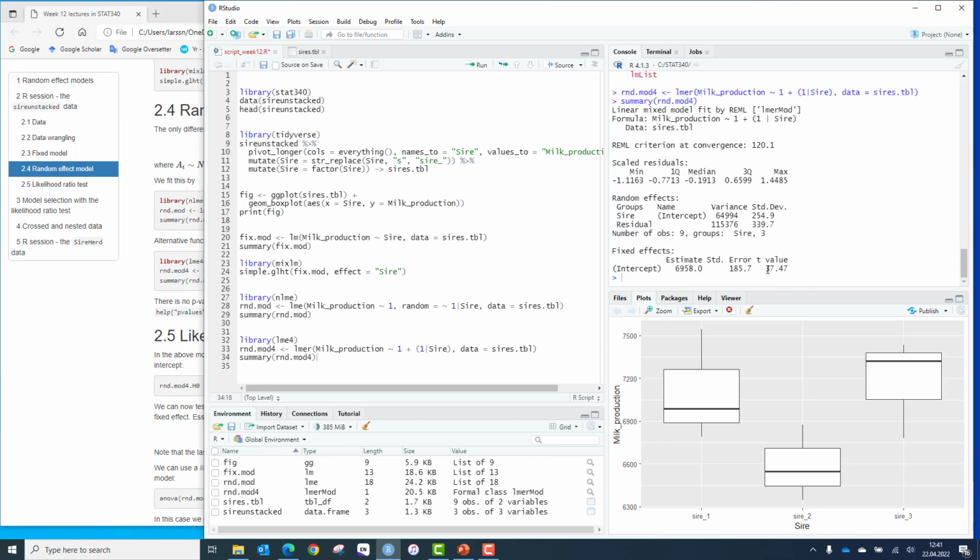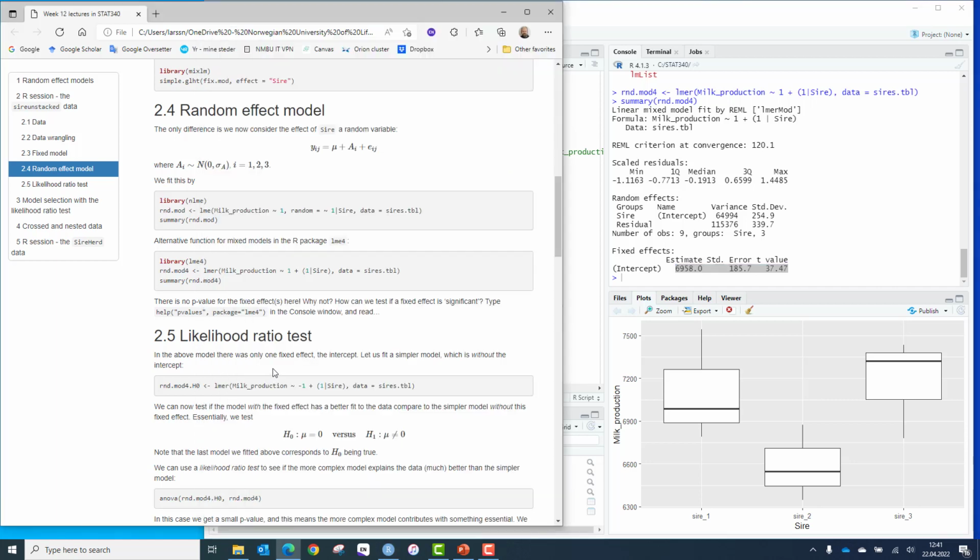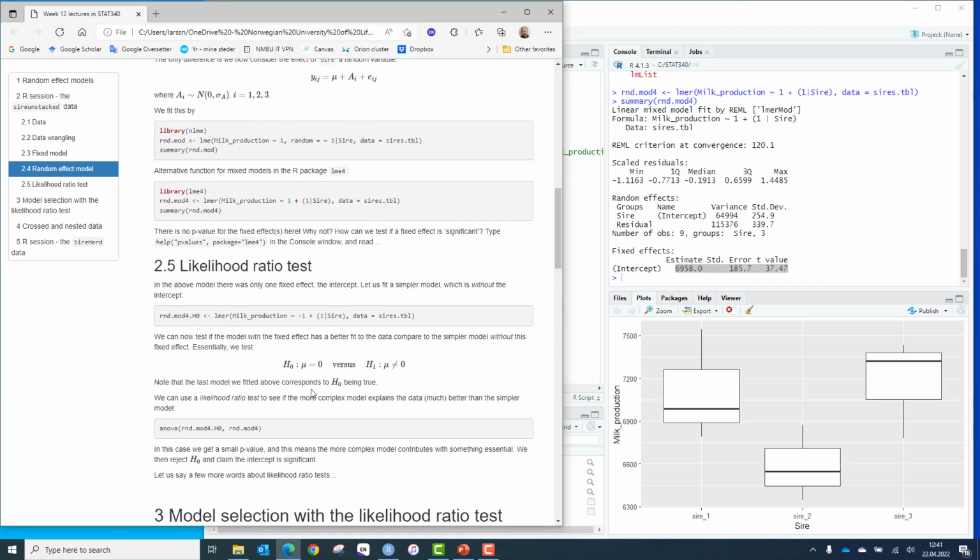But let's assume this was any fixed effect now, right? And we wanted to have a p-value here. How can we get that? Well, what we typically do then, we set up the null hypothesis, of course. And what is the null hypothesis? Namely, the intercept is 0 versus the intercept is not 0. And this could apply to any fixed effect.